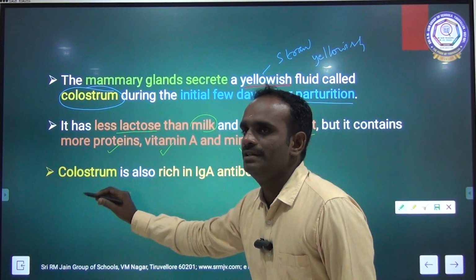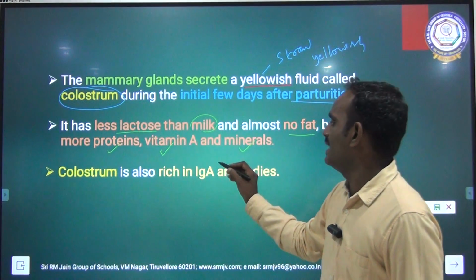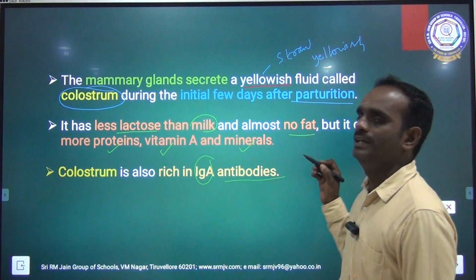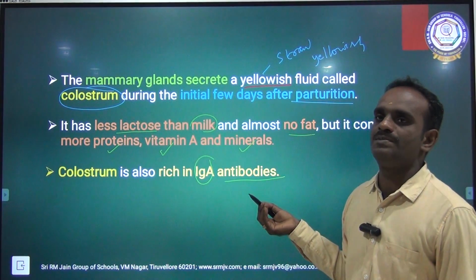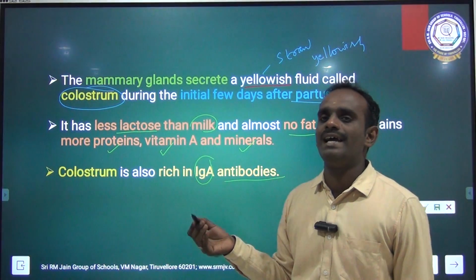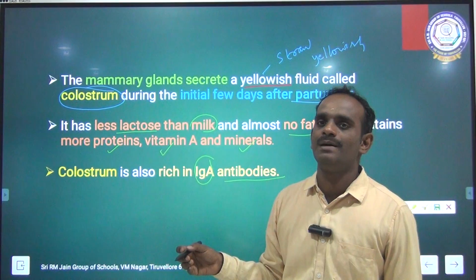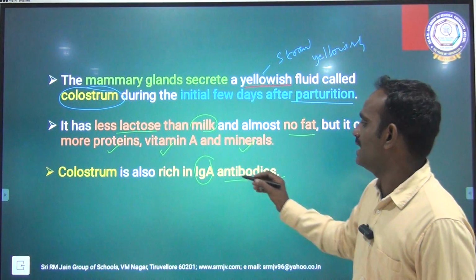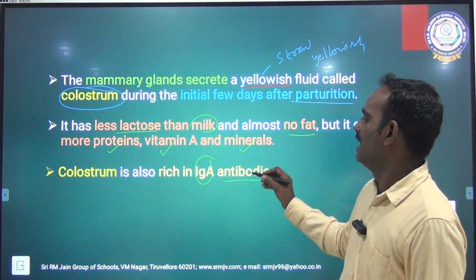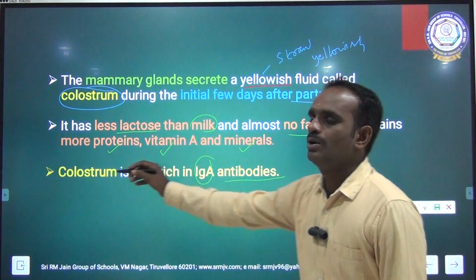Colostrum also contains IgA antibody. There are 5 different types of antibody: IgA, IgG, IgE, IgM, IgD. Among these, IgA antibody is richly present in colostrum.